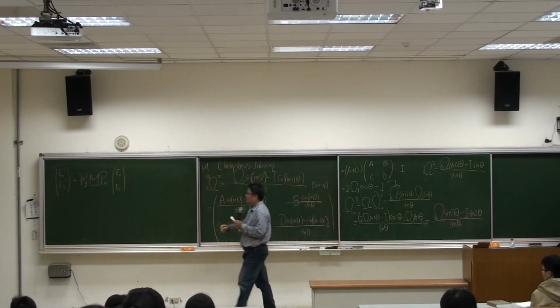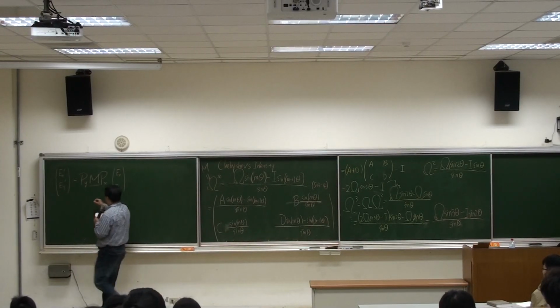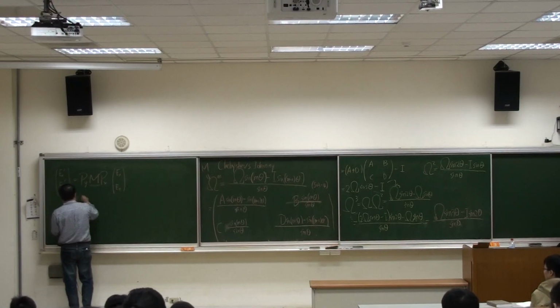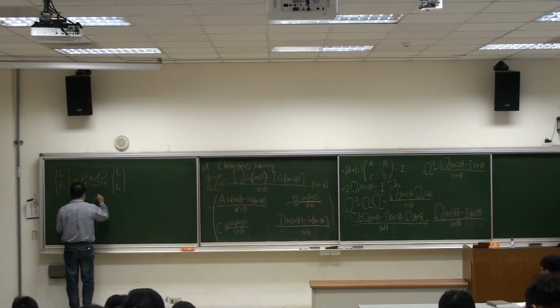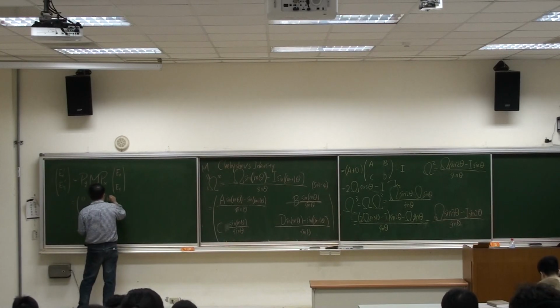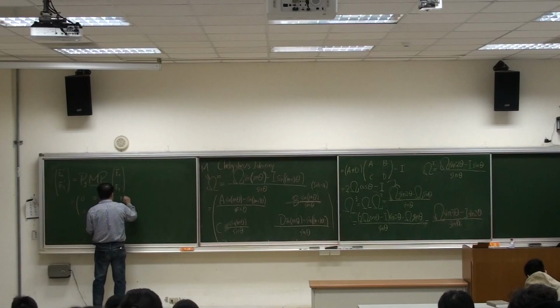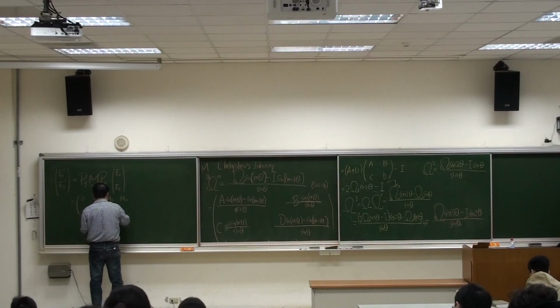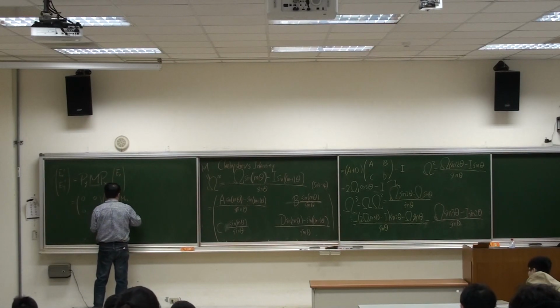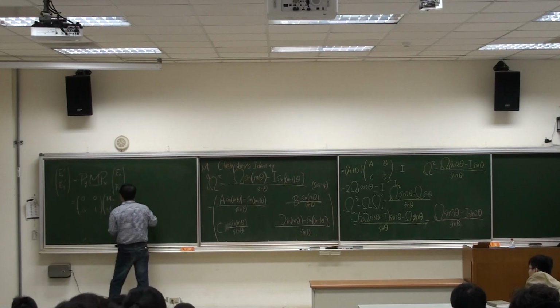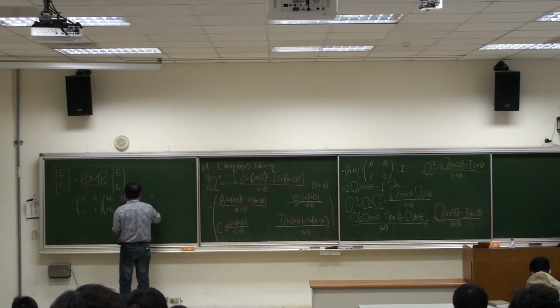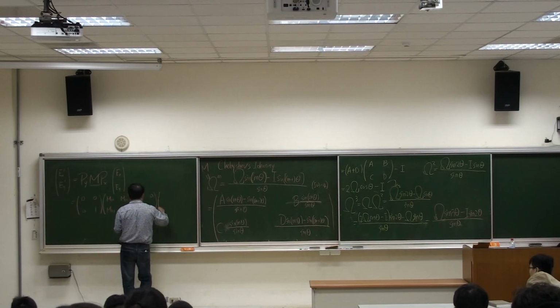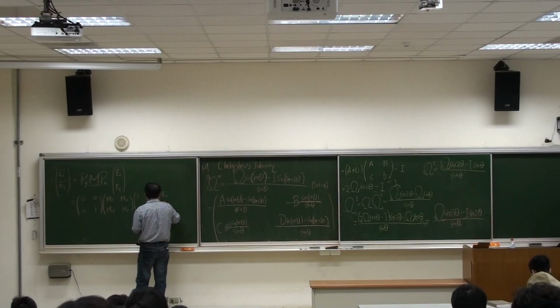Okay, and this means we have this 0, 0, 0, 1, okay, M11, M12, M21, and M22. And this is 1, 0, 0, 0 times EX and EY.